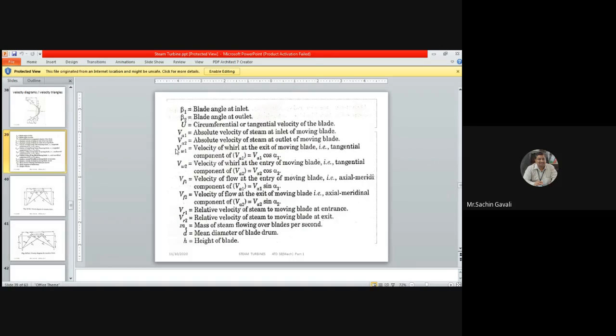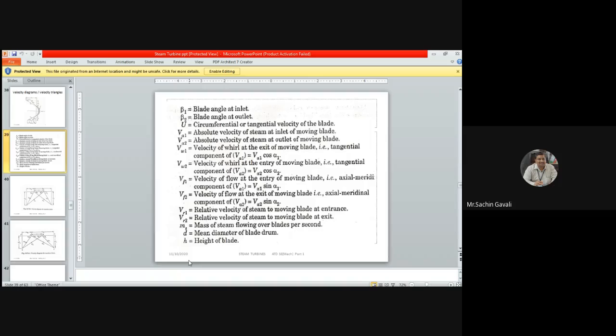Vf1 is the velocity of flow at entry, the flow component of steam at inlet. Vf2 is the flow component of steam at outlet. VR1 is the relative velocity of steam at inlet, and VR2 the relative velocity of steam at outlet. ms is the mass of steam flowing over the blade, and D is the mean diameter of the blade. Afterwards we'll go for it.